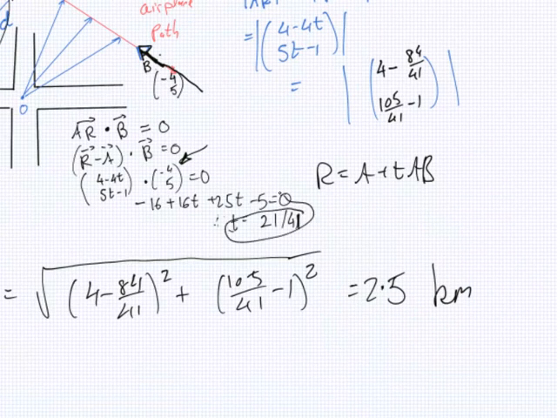This is the time for the plane and the tower to be closest together. It'll take about half an hour, because all my units were kilometers per hour, kilometers. Actually, no, that's stupid. It can't be a plane. No plane goes at 5 kilometers per hour. We'll make it a hot air balloon. Or a boat. Whatever you want.